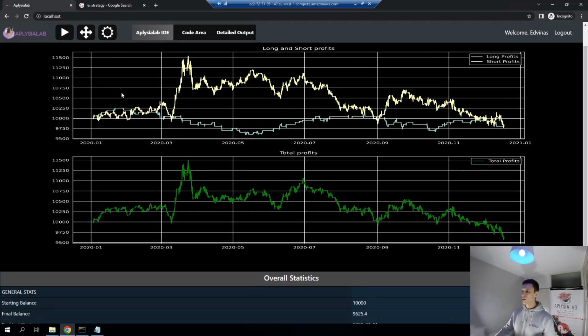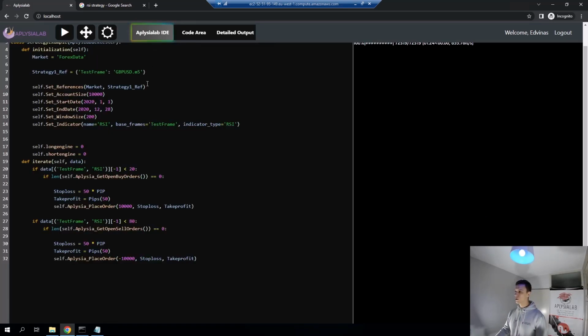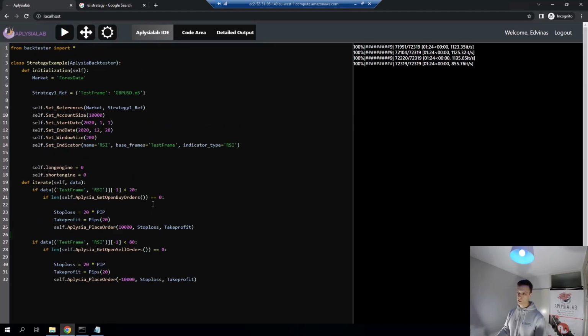What we'll do just for fun here is we're going to decrease the stop loss. Let's do maybe 30 pips. Let's do 20 pips. 20 pips stop loss, 20 pips take profit. Since we are trading the 5-minute chart, it is a fairly tight time frame, so perhaps 20 pips is a little more appropriate.